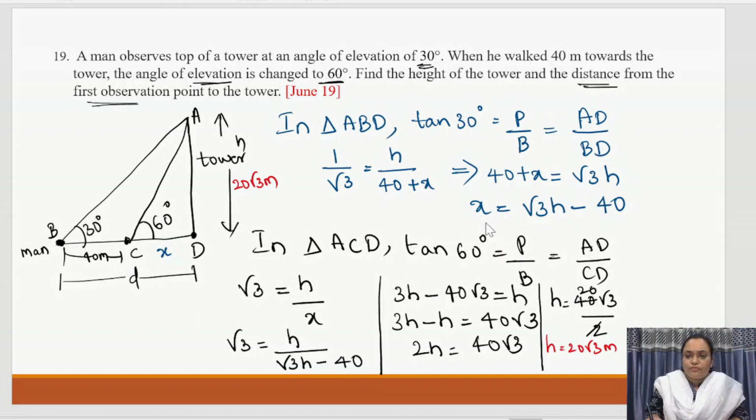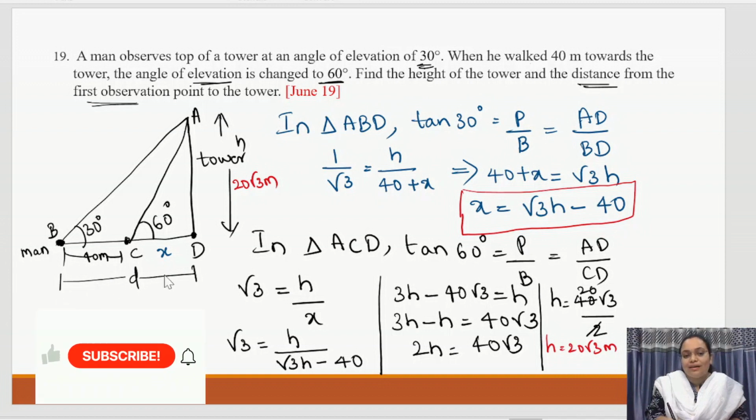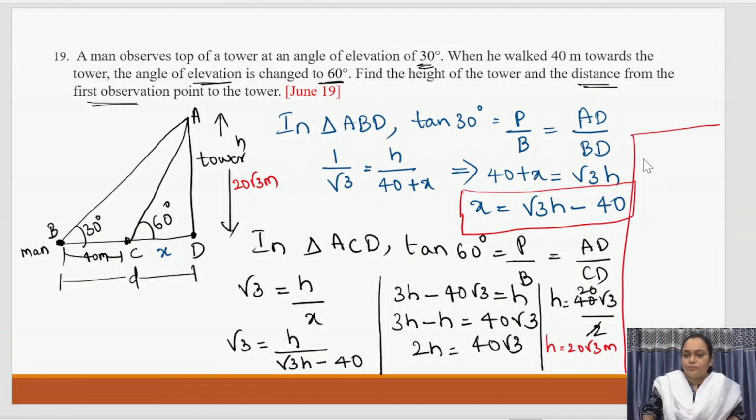We know x is equal to root 3 h minus 40. So when you substitute the h value in this, you will get the distance between C and D. When you add BC and CD, you will get the distance from the first observation point to the tower. You will get x is equal to root 3 times h, which is 20 root 3, minus 40.